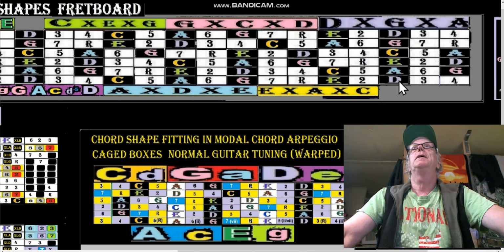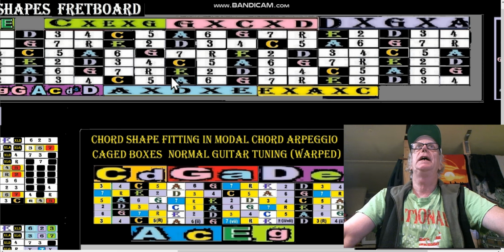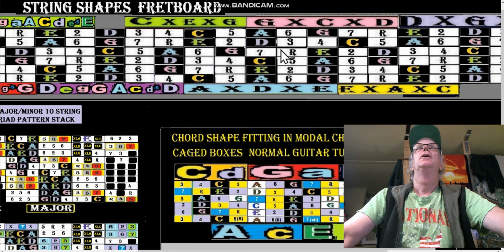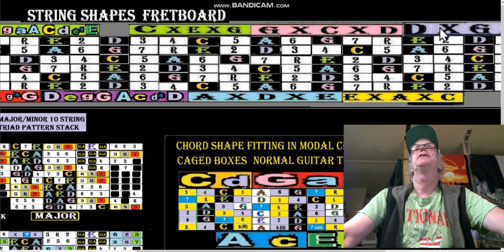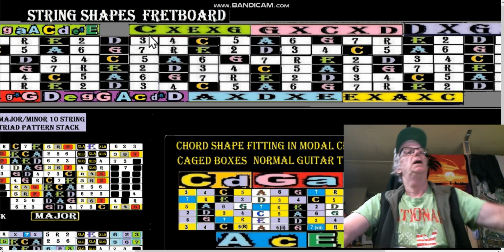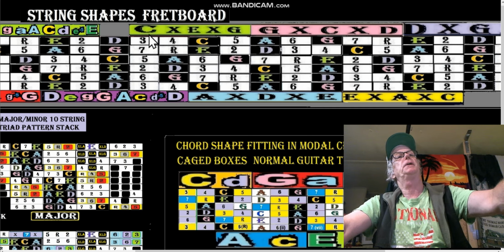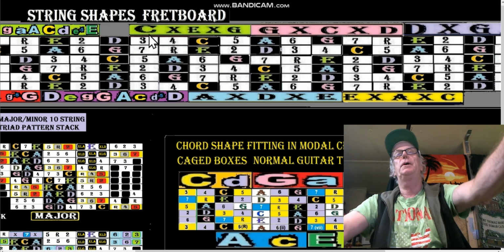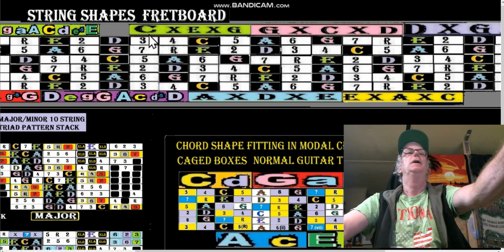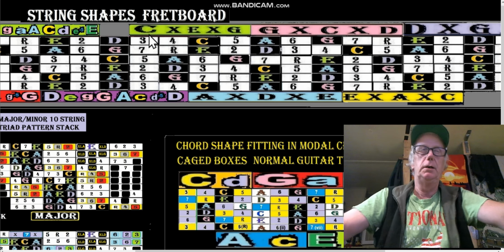Going to the left in string shapes, we go up a pentatonic scale: D, E, G, A, C. Looking at it this way, D, E, G, A, C. So we're going up a pentatonic scale. I don't know why I keep saying diatonic.